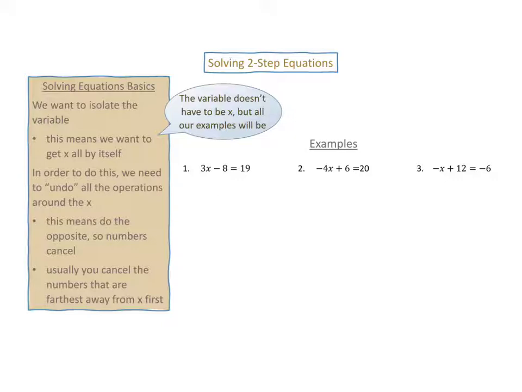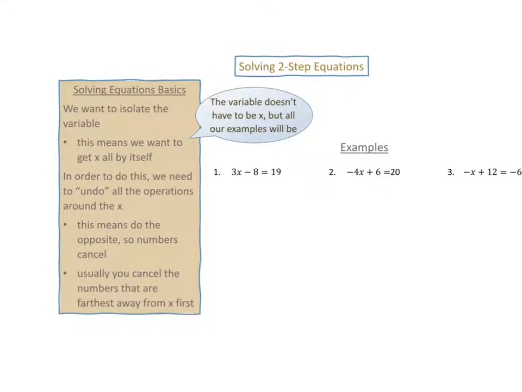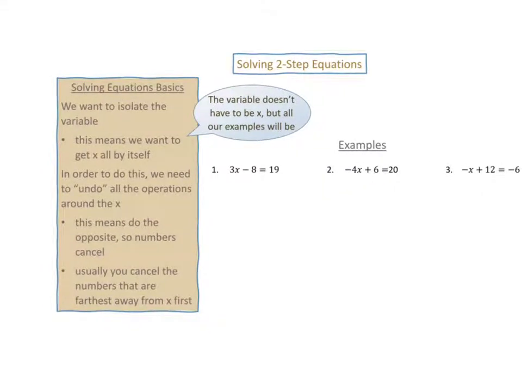In order to do this, we need to undo all the operations around the x, and that means we do the opposite so that the numbers cancel. Usually you can cancel the numbers that are furthest away from x first. Basically, all we're trying to do is get our letters on one side and our numbers on the other.